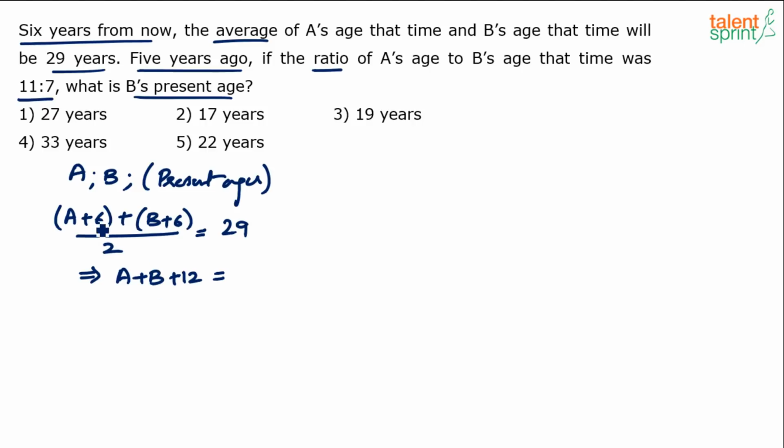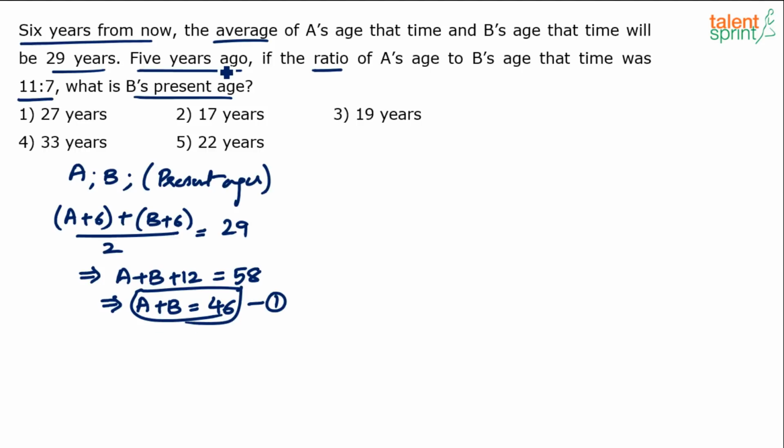A plus B plus 6 plus 6, 12, equals 29 times 2. 29 times 2 is 58, which means A plus B is 58 minus 12, 46. That's equation number 1. So the first condition boils down to A plus B equals 46.